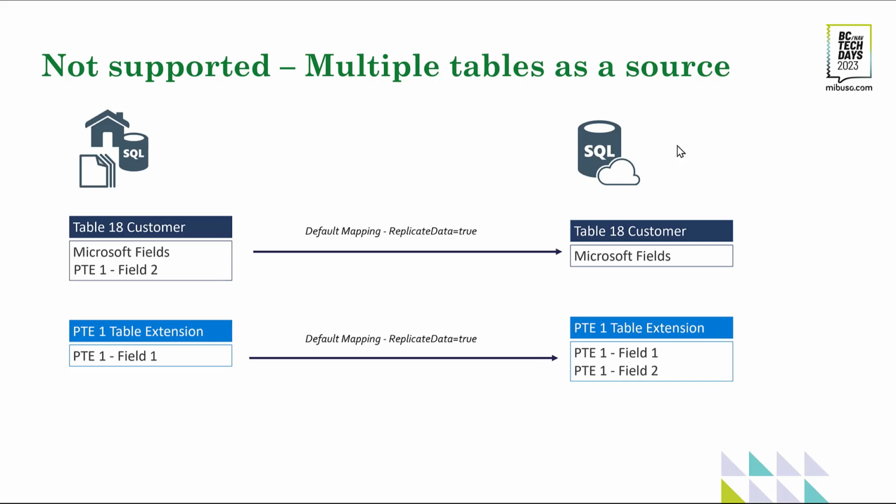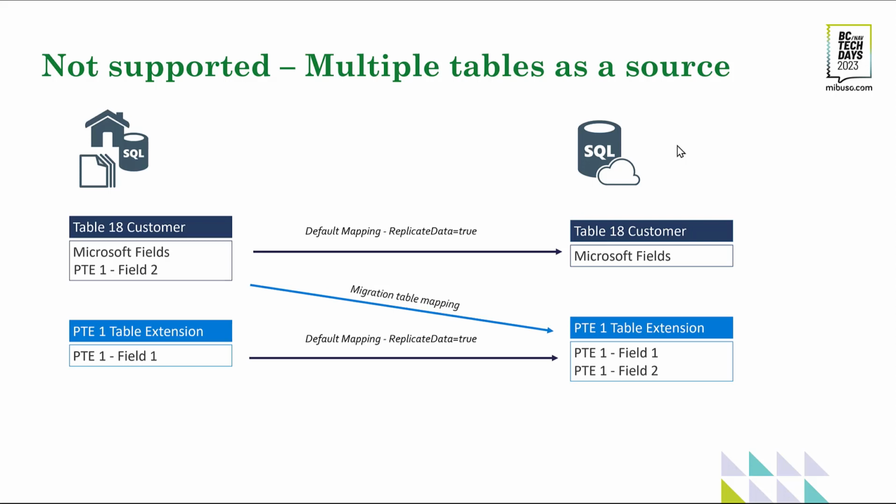Before we move on, there is one important limitation that I would like to highlight. So we have seen that some of the partners have tried to do the following. So let's say that on the customer table they have added a field tool, and they already have the table extension in the on-prem database. And then during the cloud migration, they would like to move this field from the customer into the table extension.